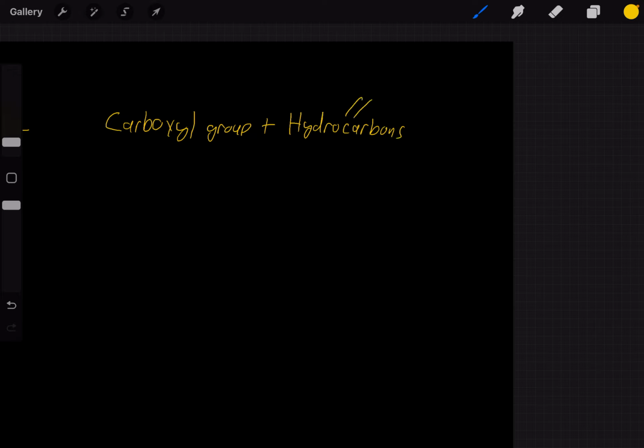Hydrocarbons are basically just a hydrogen and carbon layout, so it'd be hydrogen, carbon. That's a hydrocarbon, just hydrogens and carbons. And a carboxyl group, since it's a fatty acid, you can remember acid as carboxyl group. Let me double check.